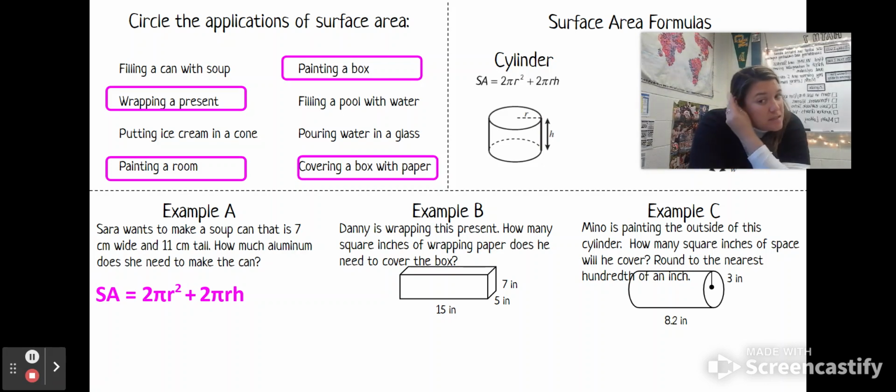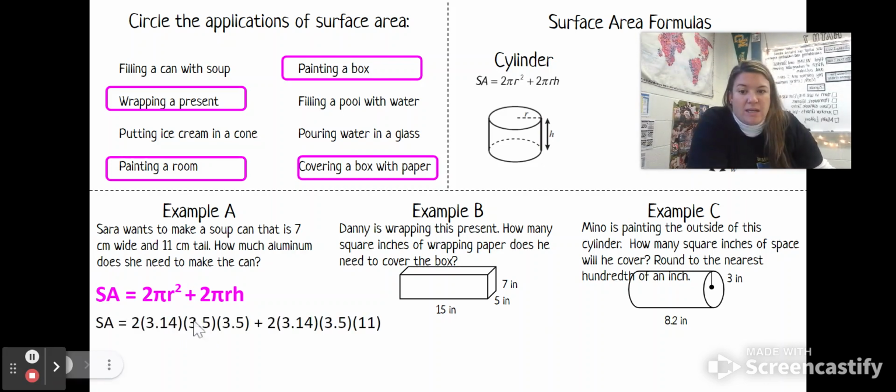That's the radius squared. So make sure you have the radius 3.5 times 3.5, or squared. You can put a little 2 instead. Plus 2 times 3.14 times 3.5. That's the radius, right? h is 11. So look how each part of the formula I have substituted in a number for it.